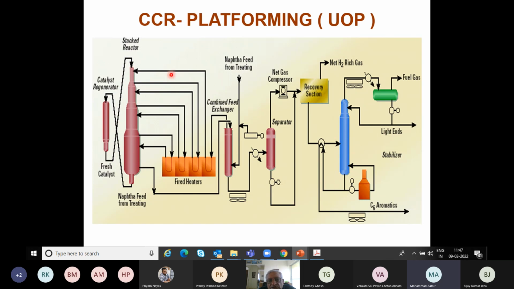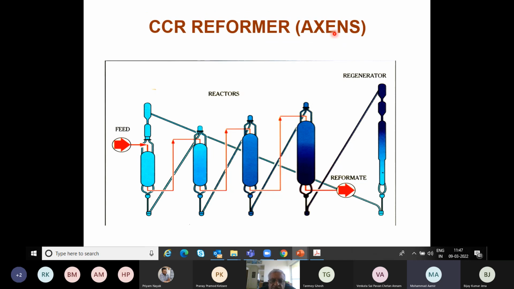So this is the CCR platformer technology as licensed by UOP. There's another company from France called Axens, and the development part by Axens is by a French institute called Institut Français du Pétrole, IFP, which is a French government-owned research organization.